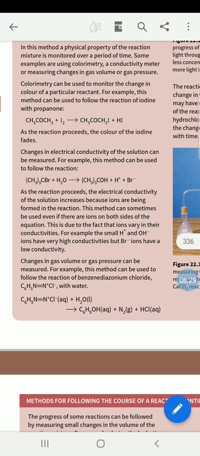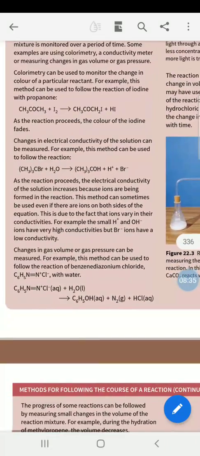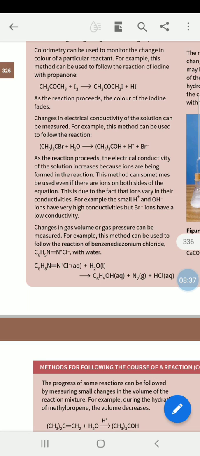Leave a line and write. If in the chemical reaction, a gas is used up or produced, the change in gas volume or the pressure can be measured.